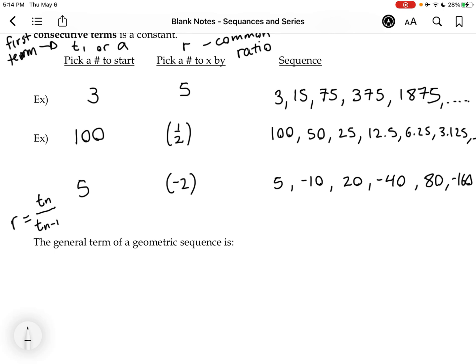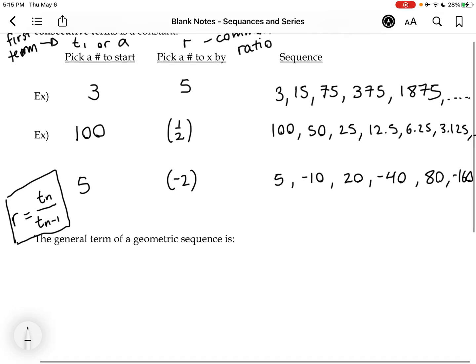I could also go T3 divided by T2, 75 divided by 15. That's also 5. I could go 1875 divided by 375. That would be T5 divided by T4. That's also 5. So that's one way, if you're trying to find the common ratio, that you can do so. Sometimes it won't be given to you.